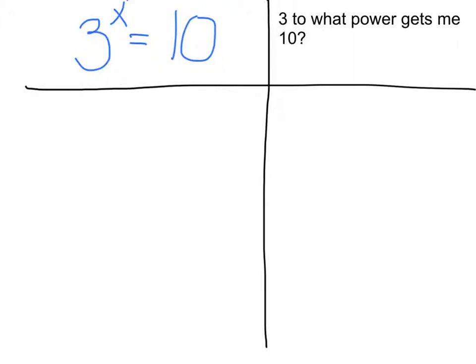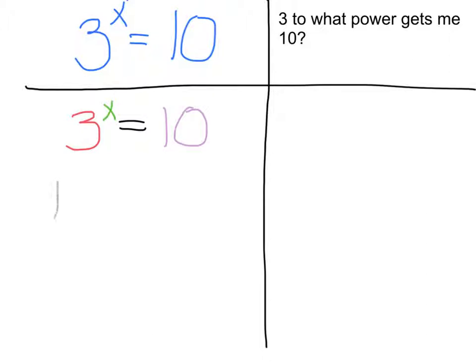So let's write those in different colors so we can see the parts of it. We have some 3, it's raised to some value x, and that's ultimately going to be equal to some constant 10. Okay, now I have those, and now I'm going to rearrange it.